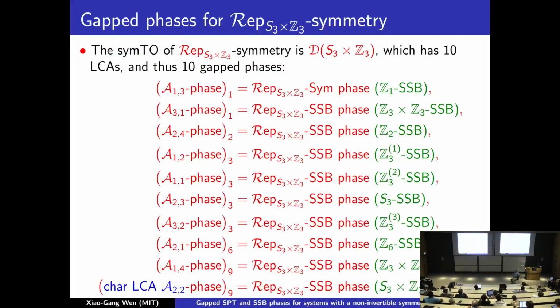The SPT phase has another character: in the bulk, they are indistinguishable. They can only be distinguished at the boundary. So using automorphism, you naturally have this result. Phases that differ by automorphism are indistinguishable in the bulk; the only distinction is at the boundary. But here, these two phases are not connected by automorphism, suggesting maybe they are distinguishable in the bulk.